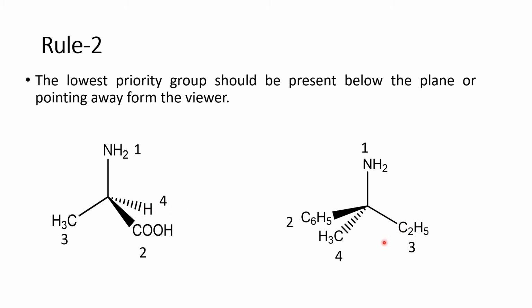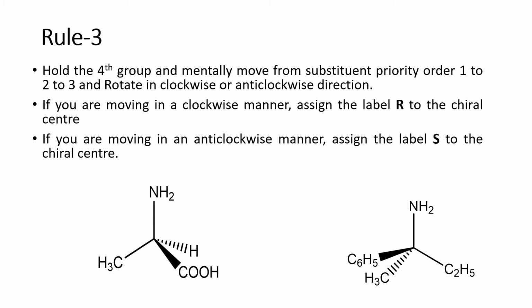Here you can see these two molecules have the fourth group away from the viewer, so there is no problem. The next rule, the important rule, is the third one. Now we hold this fourth group, which is away from the viewer, and rotate, or mentally you think that we are rotating from 1 to 2, 2 to 3.